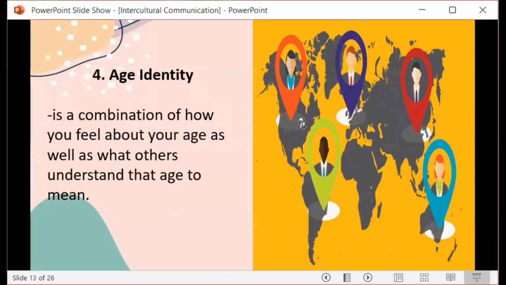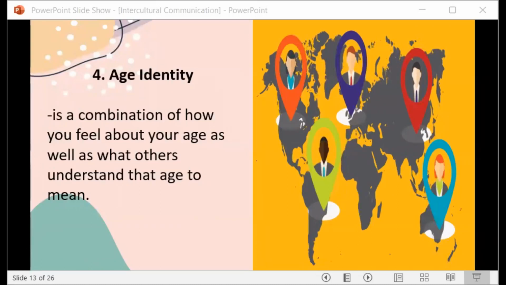And for the fourth, this is what we call the age identity. So the age identity is a combination of how you feel about your age as well as how others understand what you mean by this. So in Filipino, or us here in the Philippines, we use po and opo whenever we are talking to people older than us.